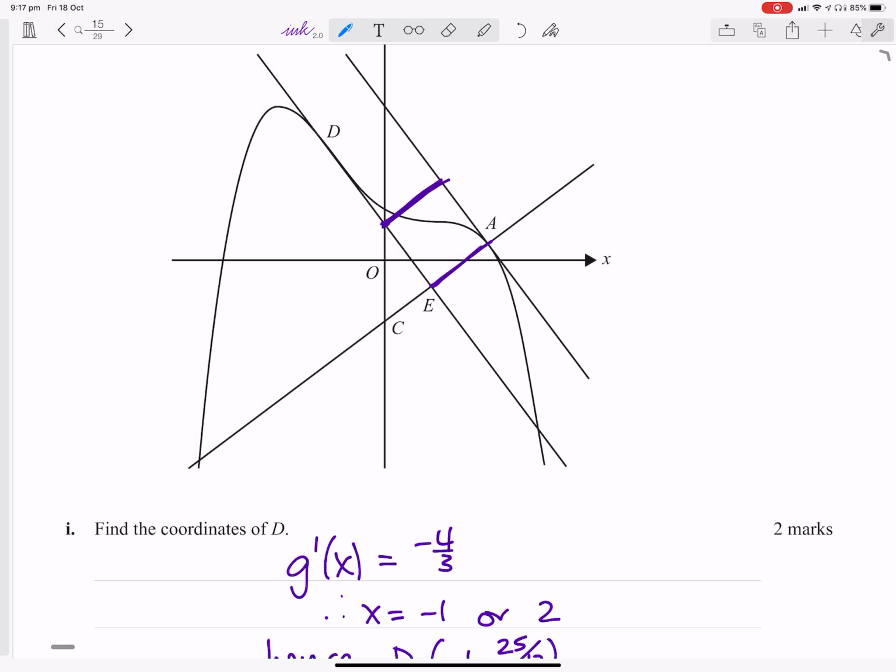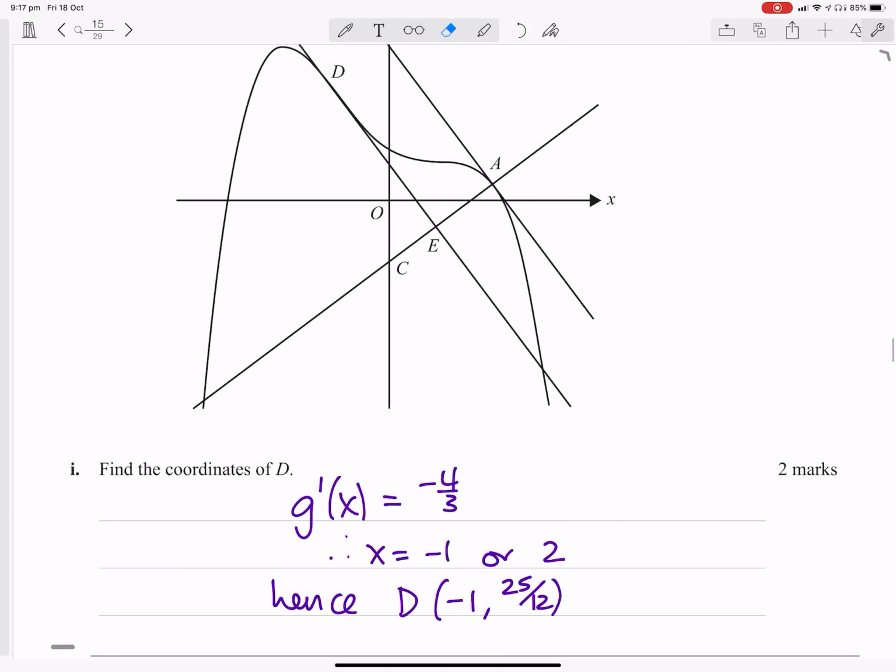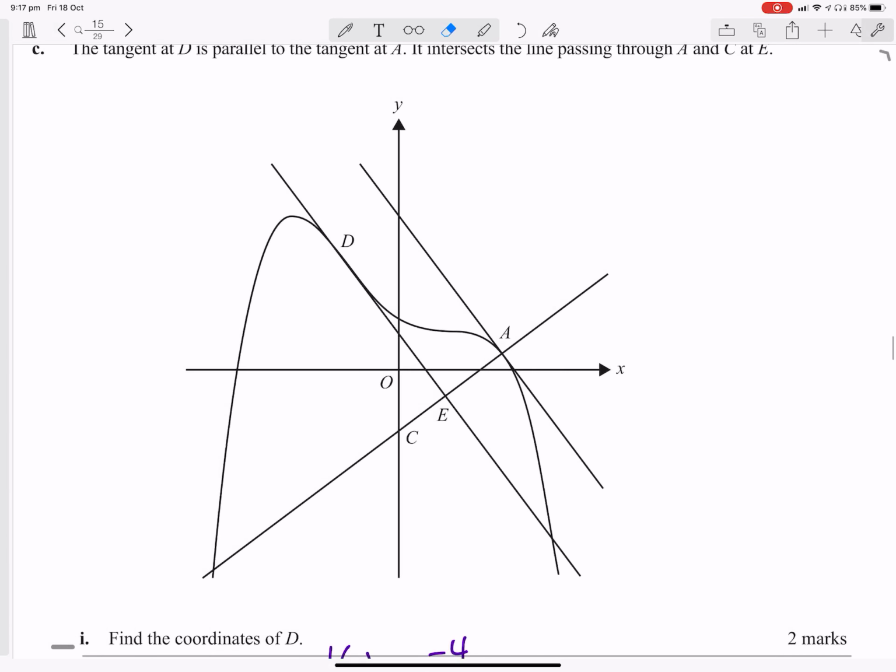It's going to be the same as that length. I can't see an easy way off the top of my head.